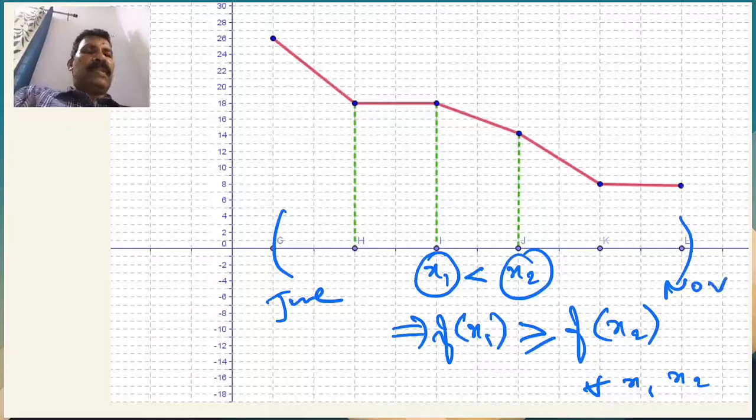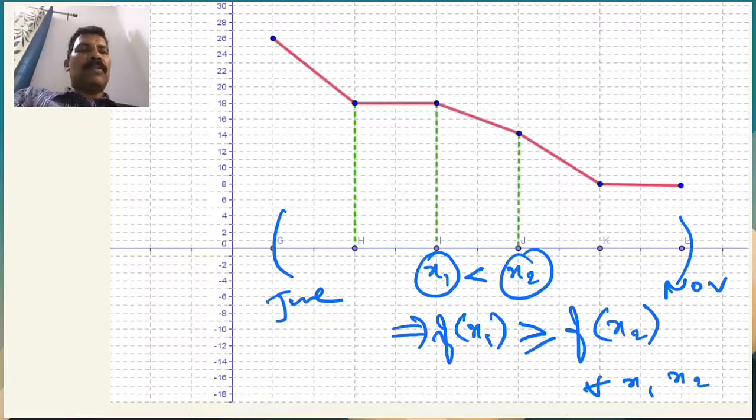That is, whenever x1 is less than x2, f of x1 is greater than or equal to f of x2, which means the performance in a particular month is always better than the performance in the succeeding month. It may be better than or at least at par with it.